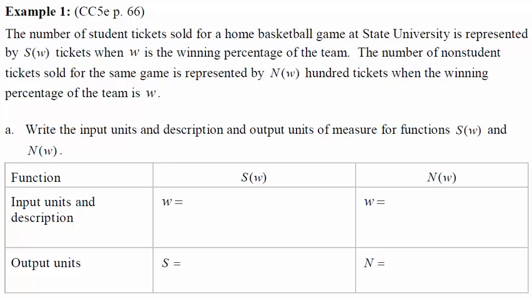So the first thing we're going to do is think about our input units and our output units. My input units for both my student function and my non-student function are W, which is the winning percentage.